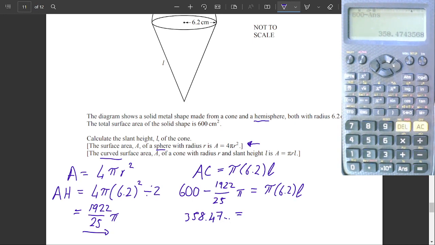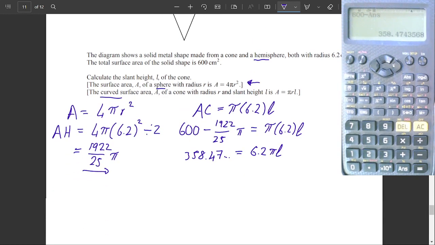Okay. We can write this as 6.2 pi L. That's the same thing. So to find L then, we just need to divide all of this on the other side. So L is 358.47 divided by 6.2 pi.